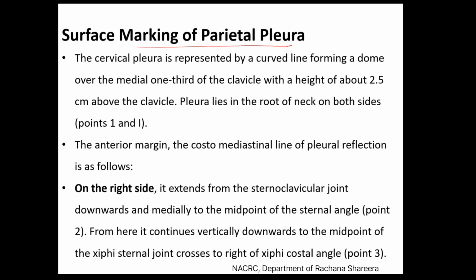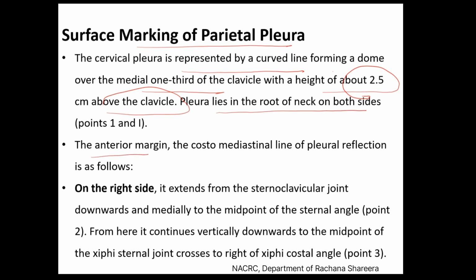Surface marking of the parietal pleura. The cervical pleura is represented by a curved line forming a dome over the medial one-third of the clavicle, with a height of 2.5 cm above the clavicle and 5 cm above the first rib. The pleura lies in the root of the neck on both sides.